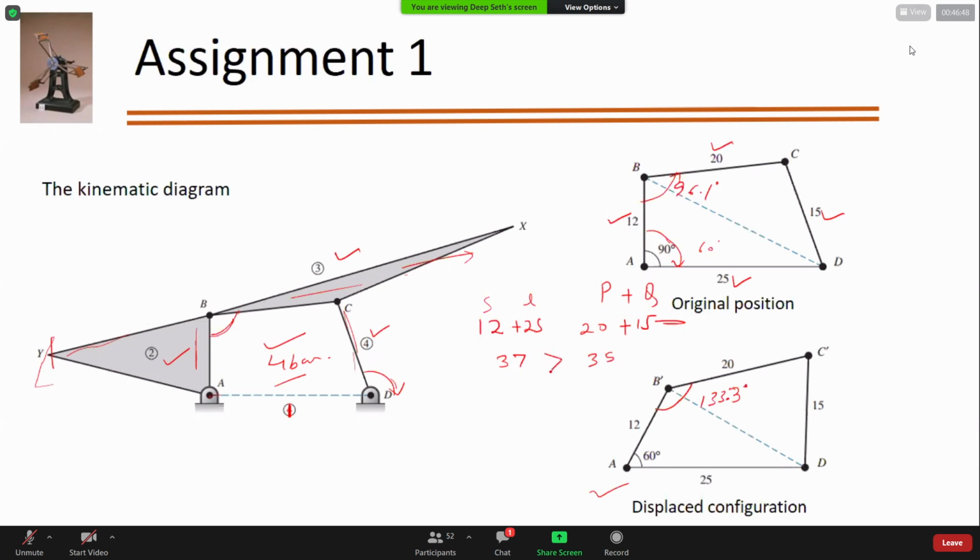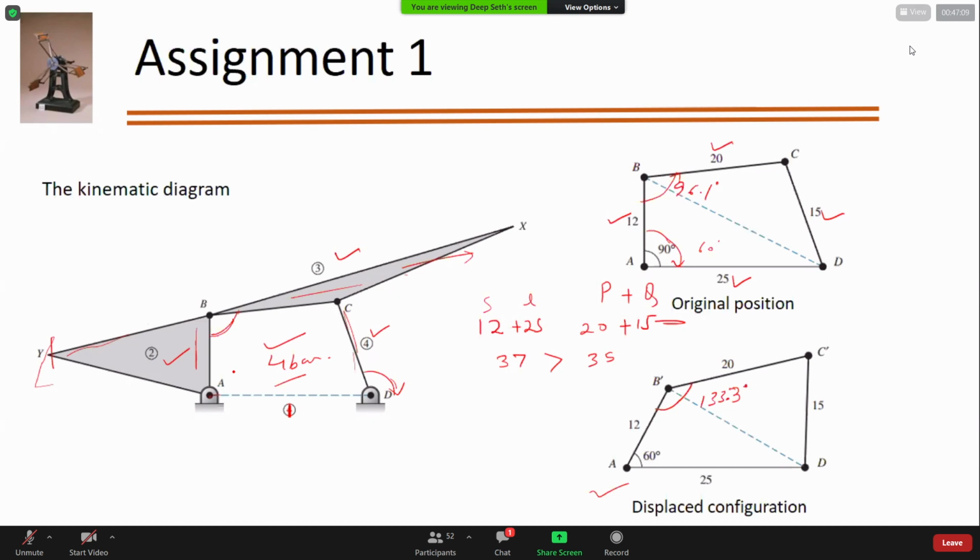Okay, so here you are seeing that S plus L now becomes bigger than P plus Q. So it is a 4 bar mechanism, but in this mechanism you will not have full rotation of any link. You will not get full rotation of any link.